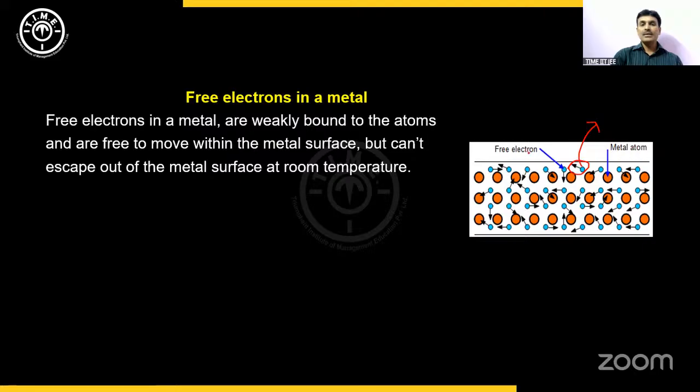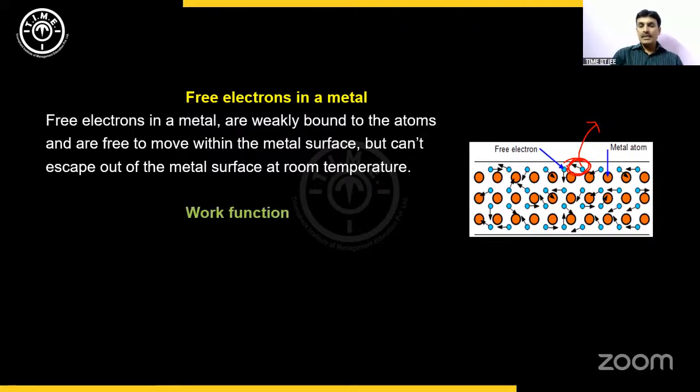Before supplying that energy, these electrons are bound to that material. They are free to move within the material but can't escape out of the material at room temperature. It varies with temperature even. When temperature is increased, usually these electrons gain thermal energy. By that means also they can be emitted from the metal surface. Understood? Yes.